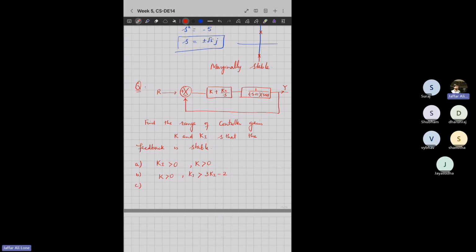Option number C is K greater than 1 by 3Ki, comma, Ki greater than 0. And option number D is K greater than minus 5, Ki greater than 2.